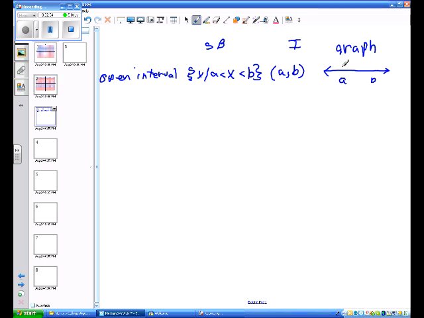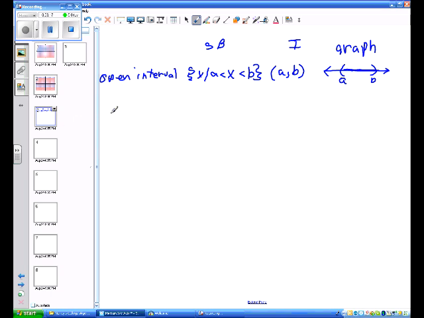But on our graphs now, instead of putting the circles, it's going to look like a parenthesis there to show that it does not include those points, but what we're talking about are the points that are in between. So all of these would be the same solution set for a linear inequality.